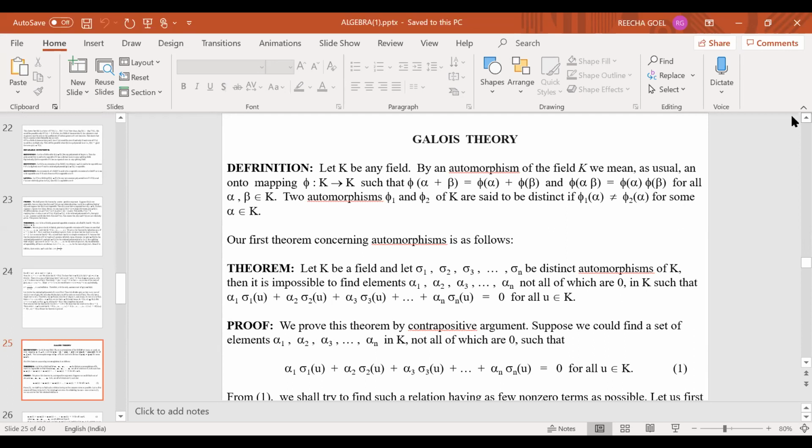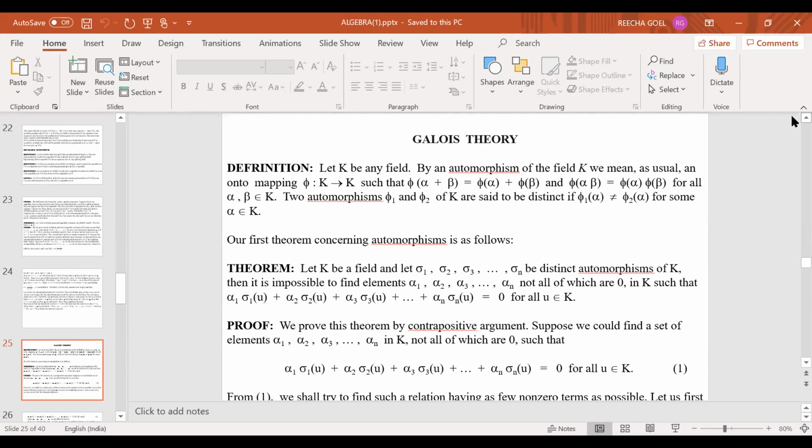Let K be a field, and suppose sigma 1, sigma 2, ..., sigma n are distinct automorphisms of K. Then it says it is impossible to find scalars, elements of K, alpha 1, alpha 2, ..., alpha n, not all of which are 0, such that for every u in K, alpha 1 sigma 1(u) plus alpha 2 sigma 2(u) plus ... plus alpha n sigma n(u) is equal to 0.